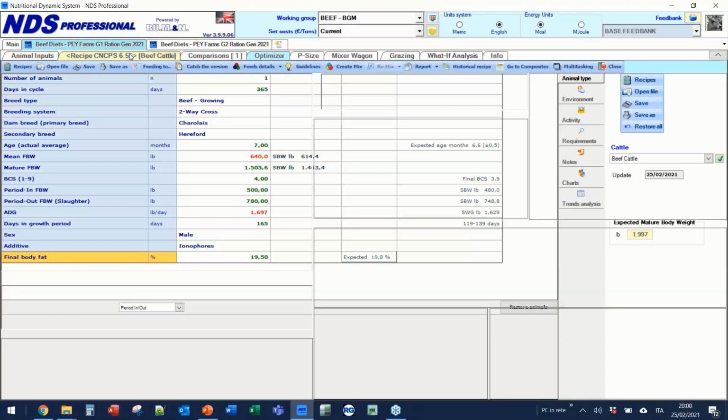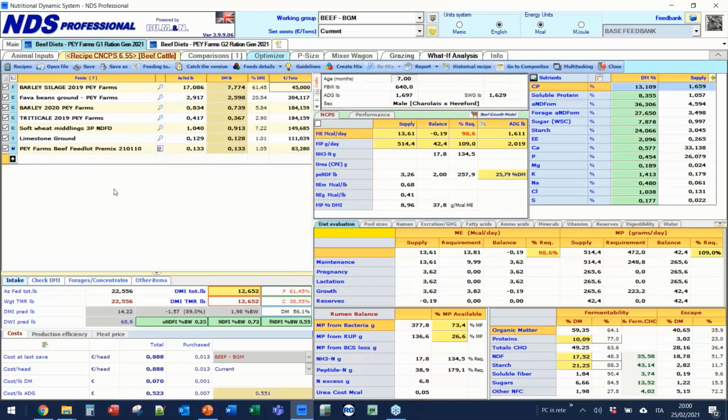If we go on to the recipe screen, again, we can focus on the major aspects of the outcomes that the model is able to provide. The first is always the dry matter intake.